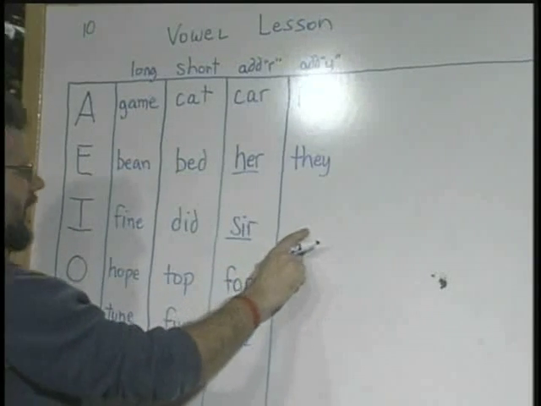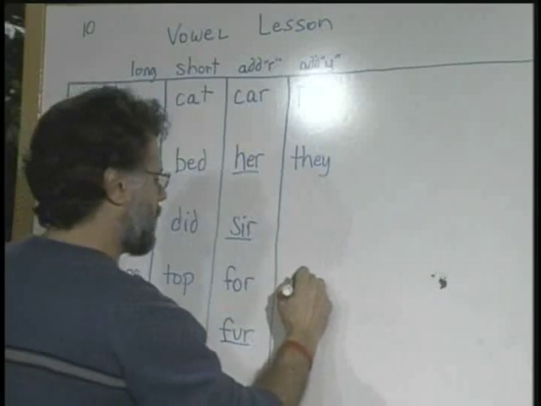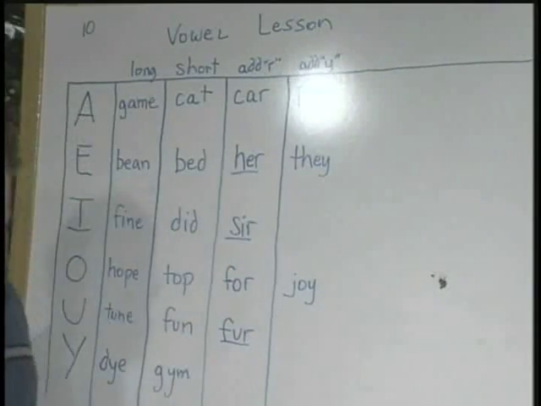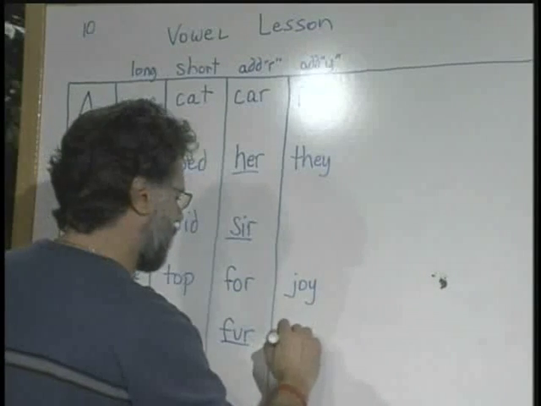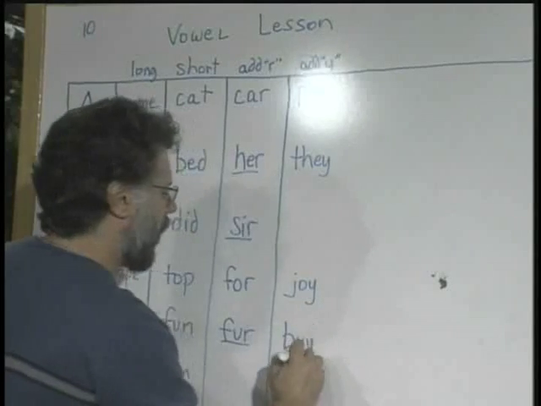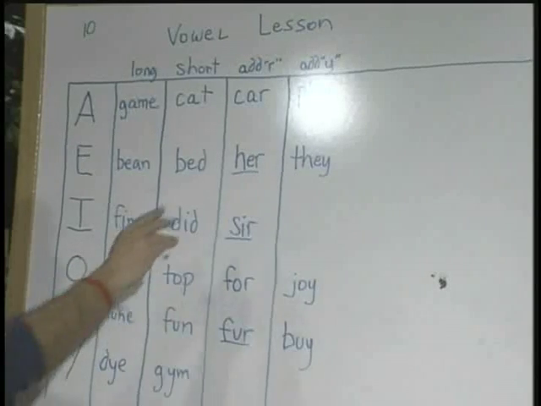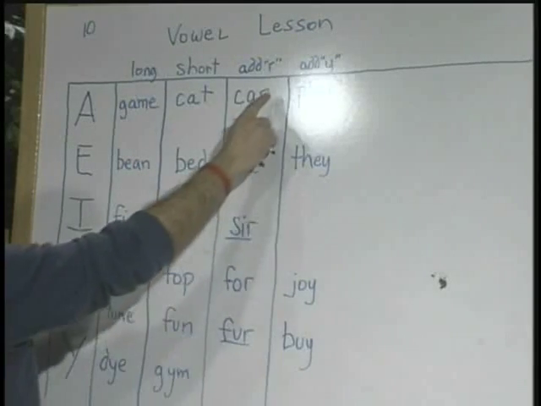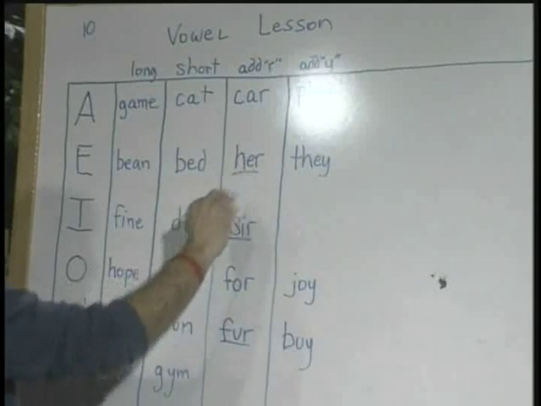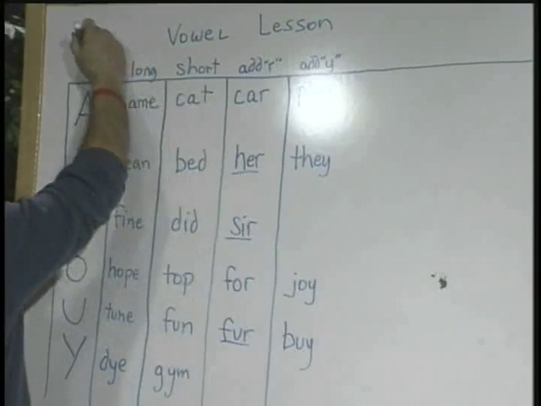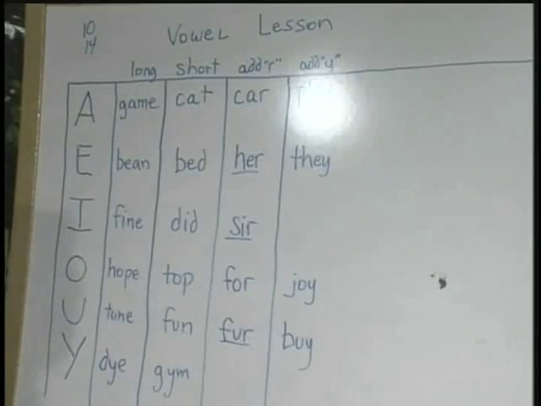We don't add a Y after an I. We do add one after O, and we get oi. So we get the word joy. Okay, now, what's interesting about the letter U is that when we add a Y after it, we get the sound I, which is the long I, as in fine. So we have 10, 11, 12, 13, 14. So now we're up to 14 different sounds.